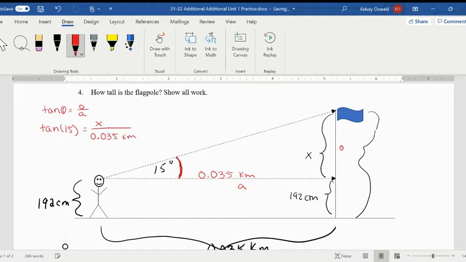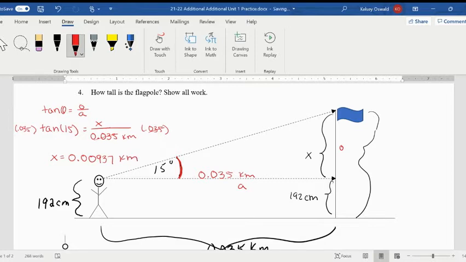We would need to multiply each side by 0.035 to get that out of the denominator and get x by itself. And when we do that, we would find that x is 0.00937 kilometers.